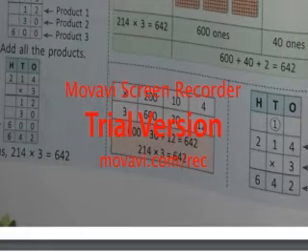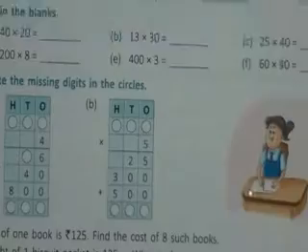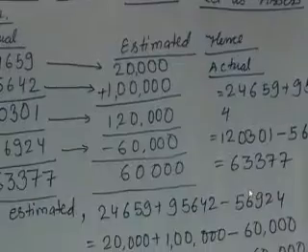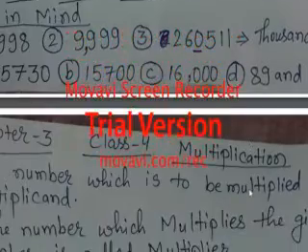The number which is to be multiplied by any number is called multiplicand. The number which is multiplying the given number is called multiplier, and the result of multiplication is product. This definition I had given you. We can see it on the same page in this PDF. Here I had it.